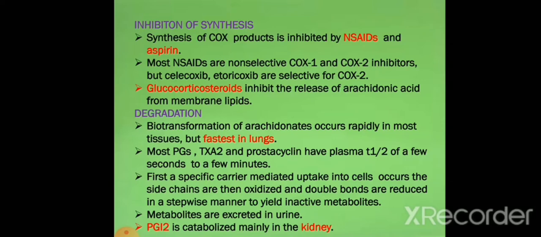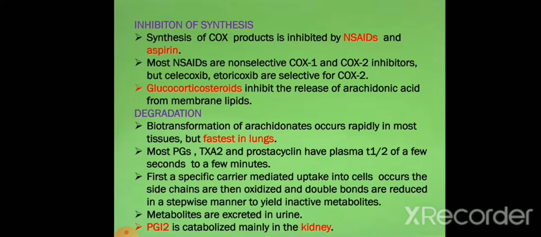Moving on to the degradation. The biotransformation of arachidonates occurs rapidly in most tissues, but fastest in lungs. It means that the metabolism will be happening at the fastest rate in the lungs. Most prostaglandins, thromboxanes, and prostacyclins have a plasma half-life of a few seconds to a few minutes.